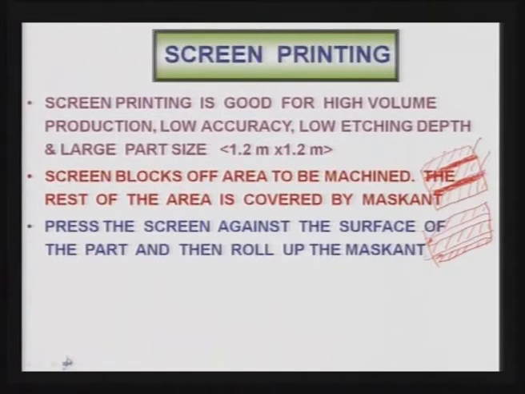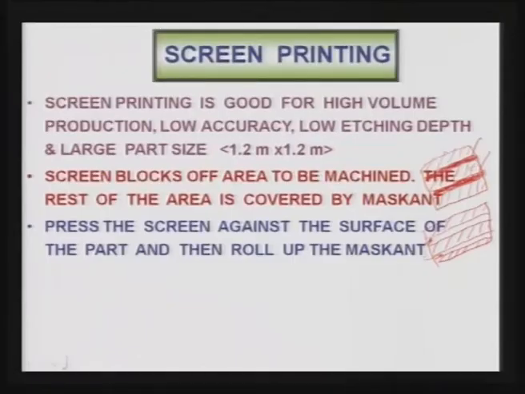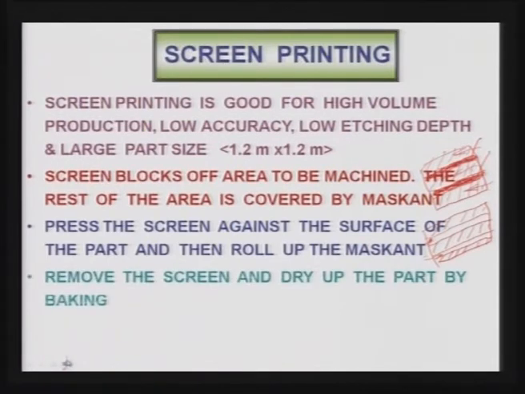Press the screen against the surface of the part and then roll on the masking. So, instead of brushing or spraying, you can also use rolls which are having the maskant, and you rotate or move the rolls in this area where maskant is to be applied, so that a uniform layer of maskant is formed on the workpiece.